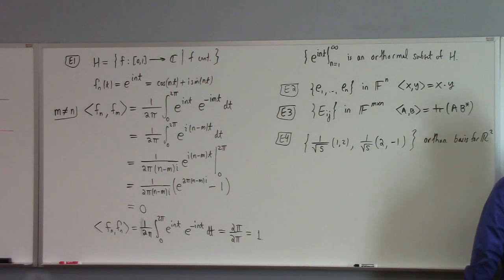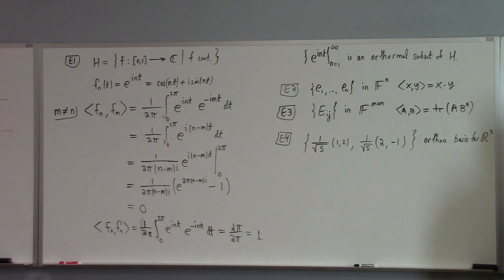Let's let y equal the sum i equals 1 to k of ci vi. Good so far? Our goal, our mission, should you choose to accept it, is to show that ci must be equal to what's in parentheses here. Once we do that, we're done.